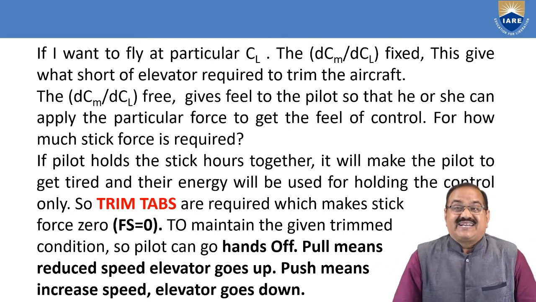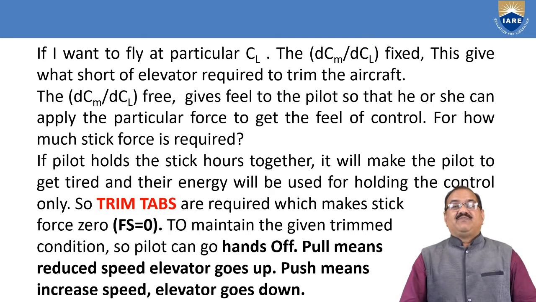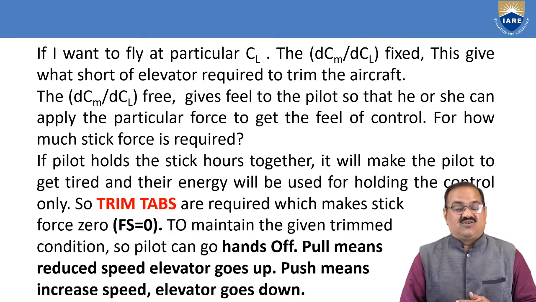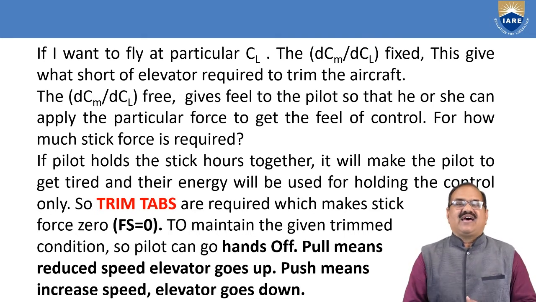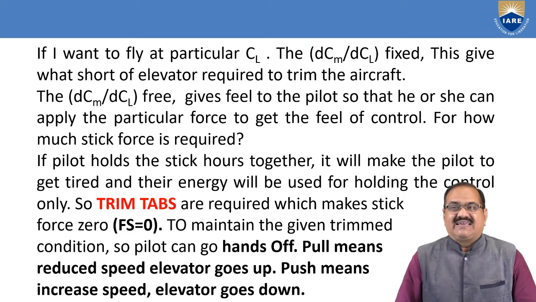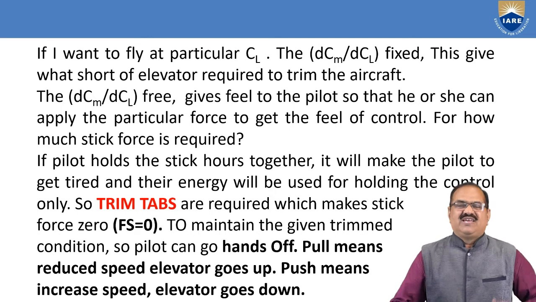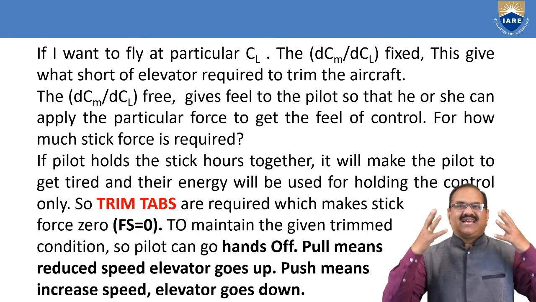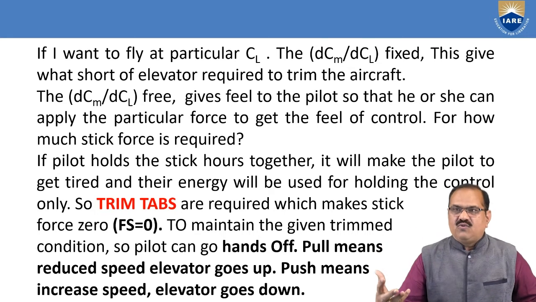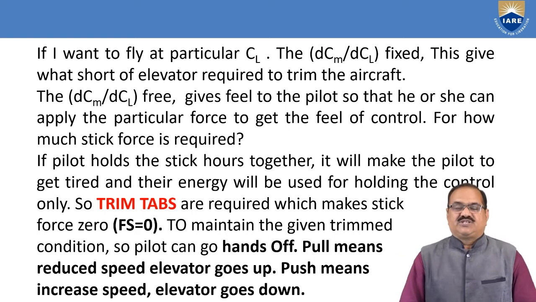So trim tabs are required, which make the stick force Fs zero, to maintain the given trimmed condition, so the pilot can go hands off. He will just leave the stick and be free. His hands are free, he can think of something new, and he can take charge in any emergencies. He can handle it. Pull means reduced speed.